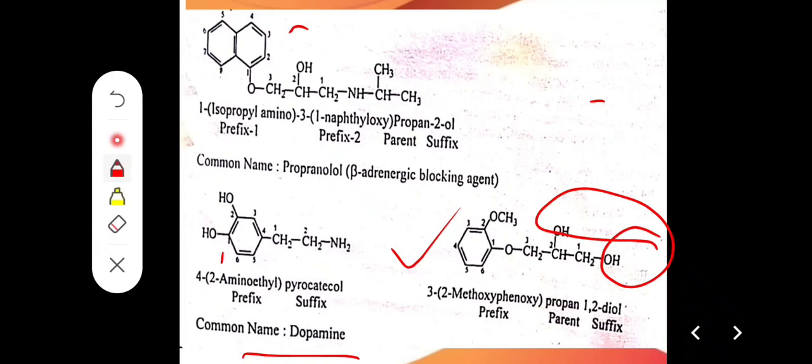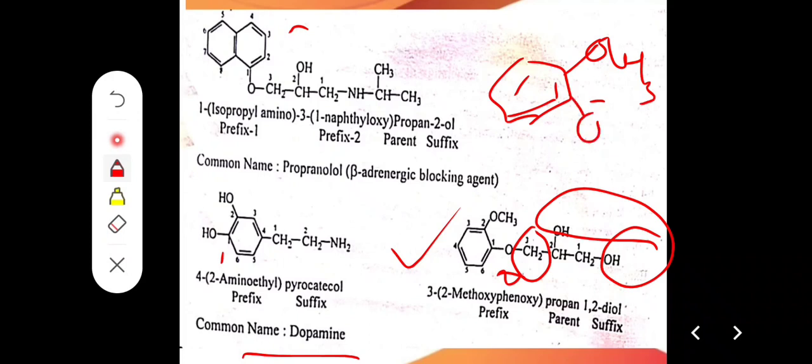There must be at the 3 position, this 3 carbon attached with the 2-methoxyphenoxy group, because there should be benzene, OCH3 and OCH2.